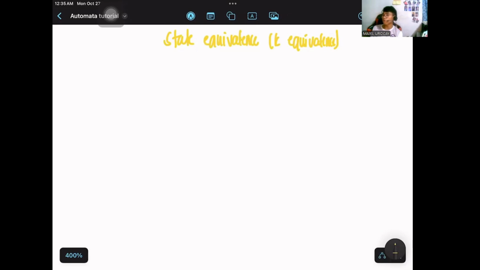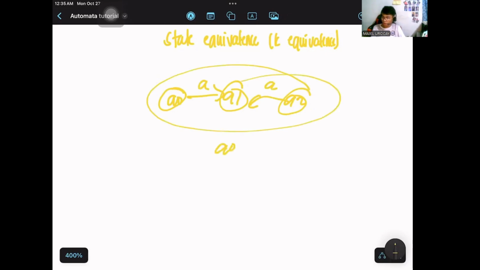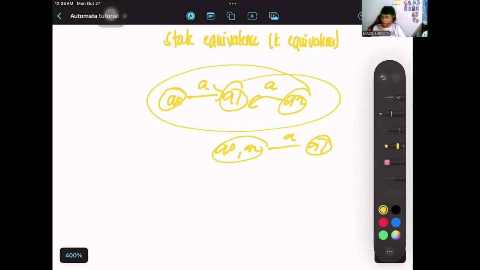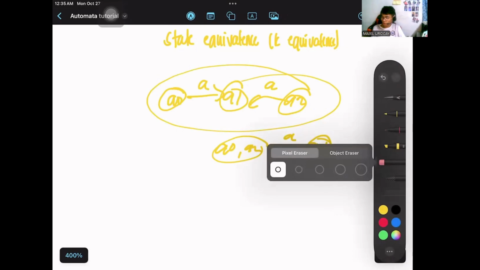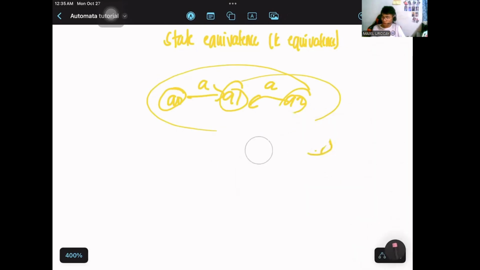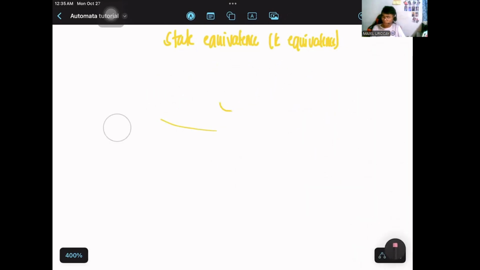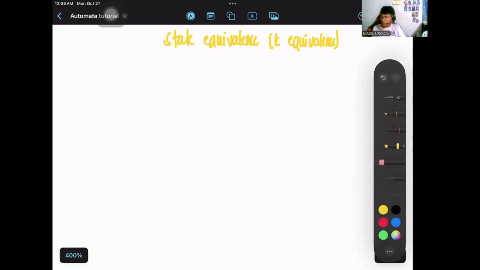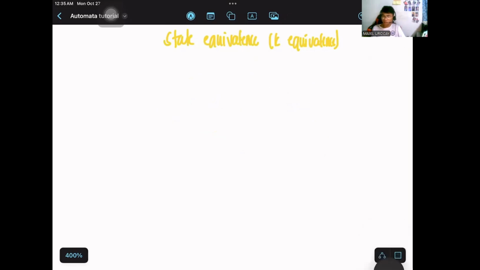For example, from Q0 down to Q1 will be A, then Q2 down to Q1 will be A. We can merge them to become Q2, for example, then down to Q1 it will still be A. We can do it like that, in layman's terms, if we're just merging them.